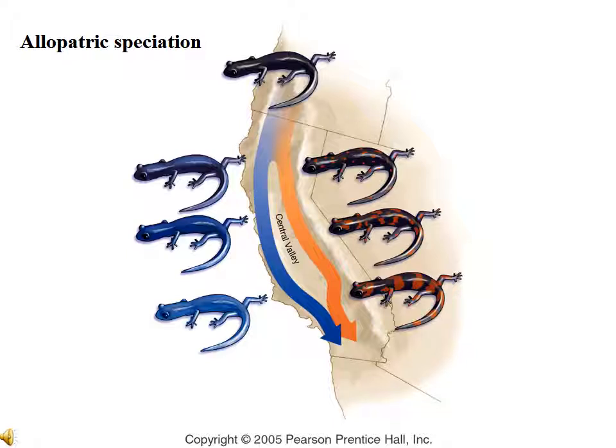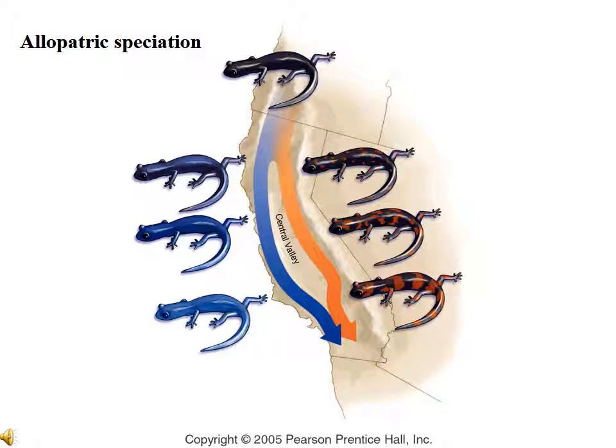Now, we start with a population that lives in Oregon. This population, of course, will mate and reproduce and be very successful. But over a period of time, for many reasons, these salamanders migrated south along the coast, and some migrated south along the mountain range of the eastern part of California.